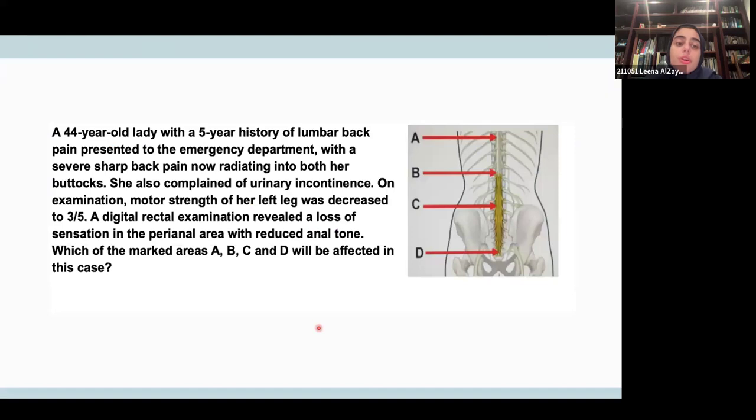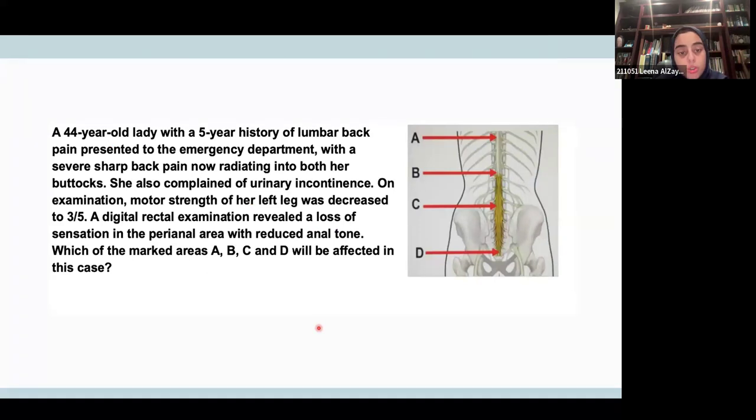A 44-year-old lady with a 5-year history of lumbar back pain presents to the emergency department with severe sharp pain, now radiating into both her buttocks. She is complaining of urinary incontinence. On examination, the motor strength of her left leg is decreased.